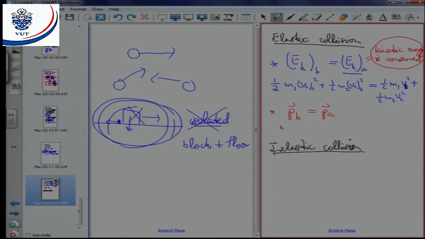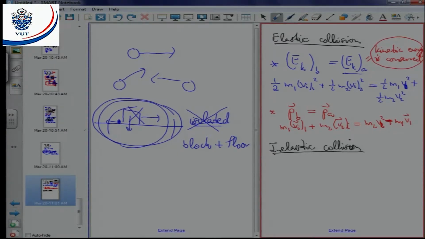So here we have m1 times the initial velocity of particle 1, plus m2 times the initial velocity of particle 2, equals m2 times the final velocity of particle 2, plus m1 times the final velocity of particle 1.